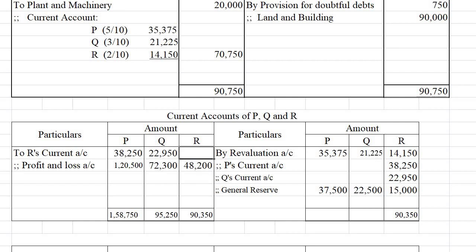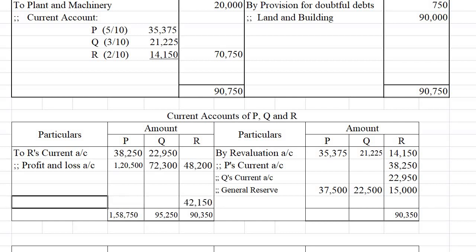Yes, we have to write down the difference for R. R's difference is 42,150. 42,150 will be shown here.